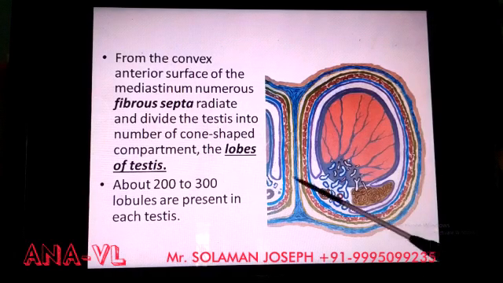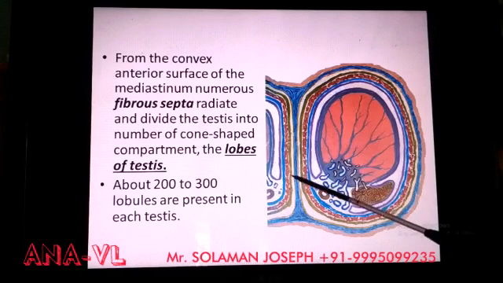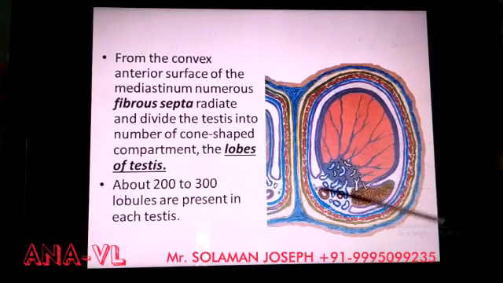From the anterior surface of the mediastinum, numerous fibrous septa arise, radiate, and divide the testis into numerous conical compartments. Here we can see the conical compartments. They are formed by prolongations arising from the tunica albuginea layer.